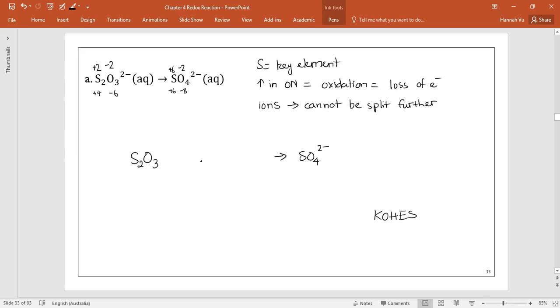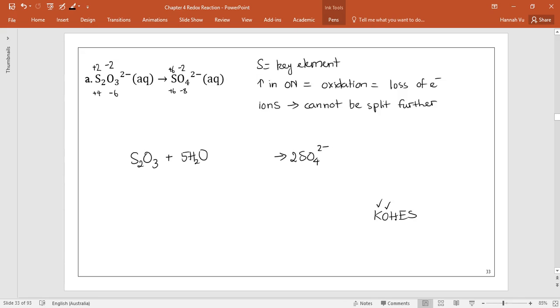There are 2 sulfur atoms on the reactant side, so I need to put a 2 here so that the key element's balanced. The second step is to balance oxygen by adding H2O. It's very important that you actually add H2O and not use other means to balance oxygen. There are 8 oxygen atoms on the right side right now, and I only have 3 on the left, so I need to add 5 H2O. Now oxygen is balanced.